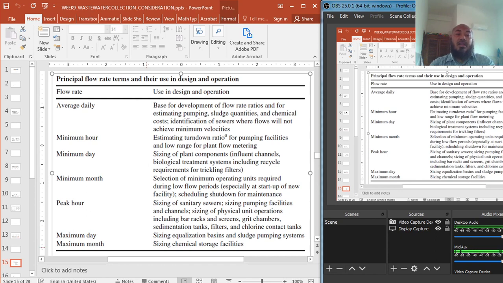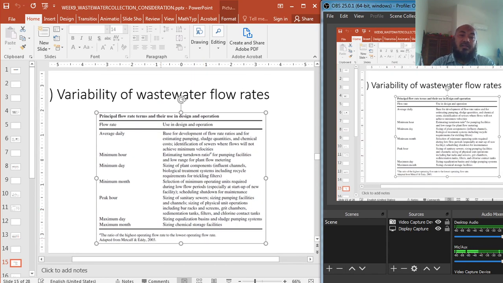So to calculate how much chemical should be stored in the storage house, we have to use the maximum month flow rate. All right, so this is the variability of wastewater flow rate.